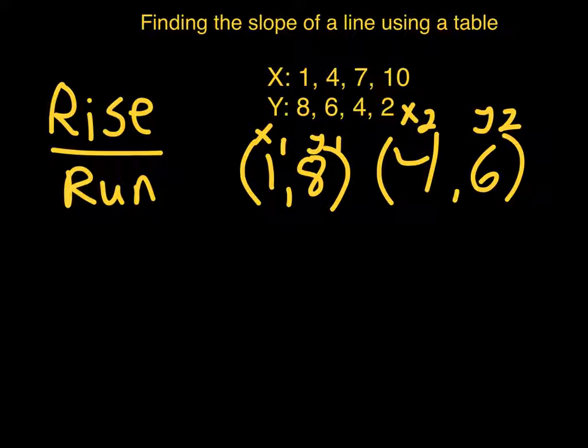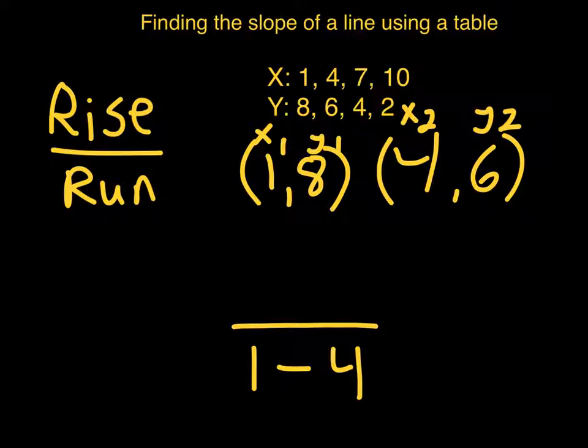So on the bottom, I'm going to put my runs, which is going to be 1 minus my second x coordinate, which would be 4. And since I did my first pair up here, down here, I need to do the first y minus the second y, since I did my first x minus my second x on the top.